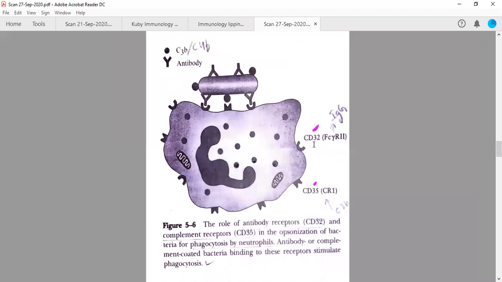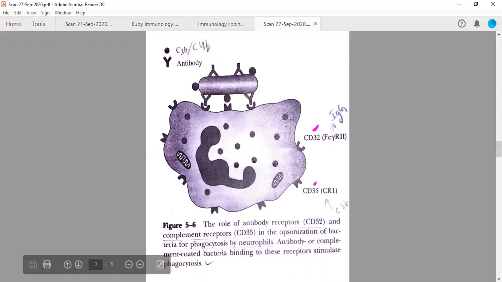So the CD32 will bind with the FC region of these antibodies. These are specific for binding with antibodies. Similarly, CD35, which is also known as complement receptor 1, will bind with complement protein, either C3b or C4b.